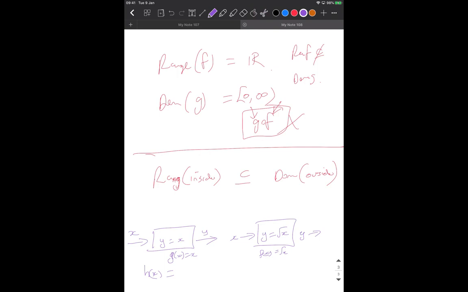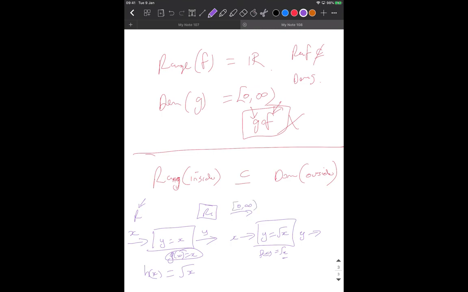So we're putting this one inside the other one. So in other words, it just is root x. Because if we put x in there, it's just root x. At the moment, our all real numbers coming out doesn't fit inside there. So how can we limit that so that this range is a subset of the domain of this one?